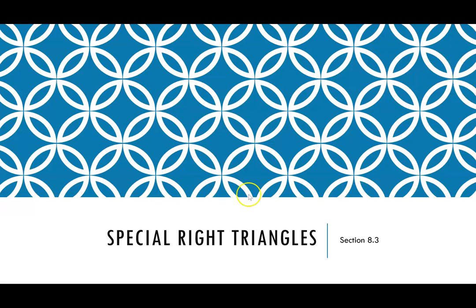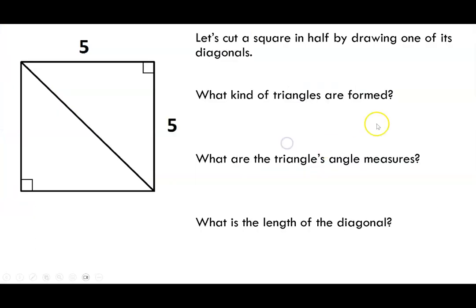The first one is going to be created by taking a square and drawing one of its diagonals. What ends up happening in this picture, because we have a 90-degree angle in the corner, and because the two sides of the square are congruent, we actually know that the two angles here would also be congruent. So therefore, these two congruent angles must be complementary.